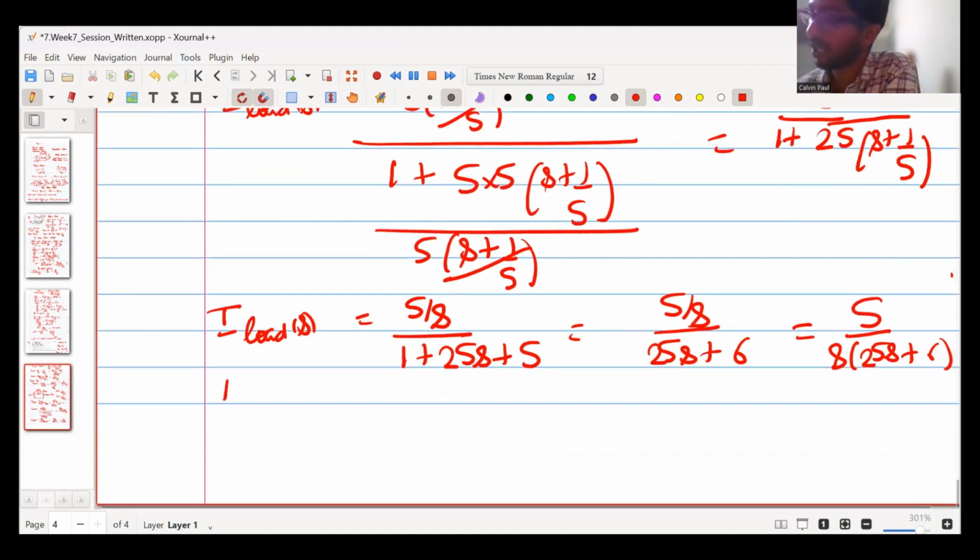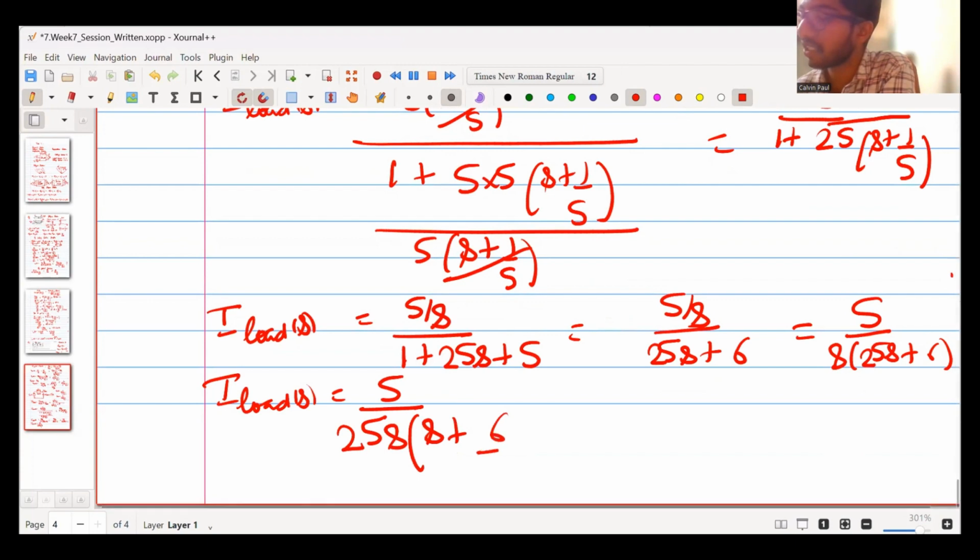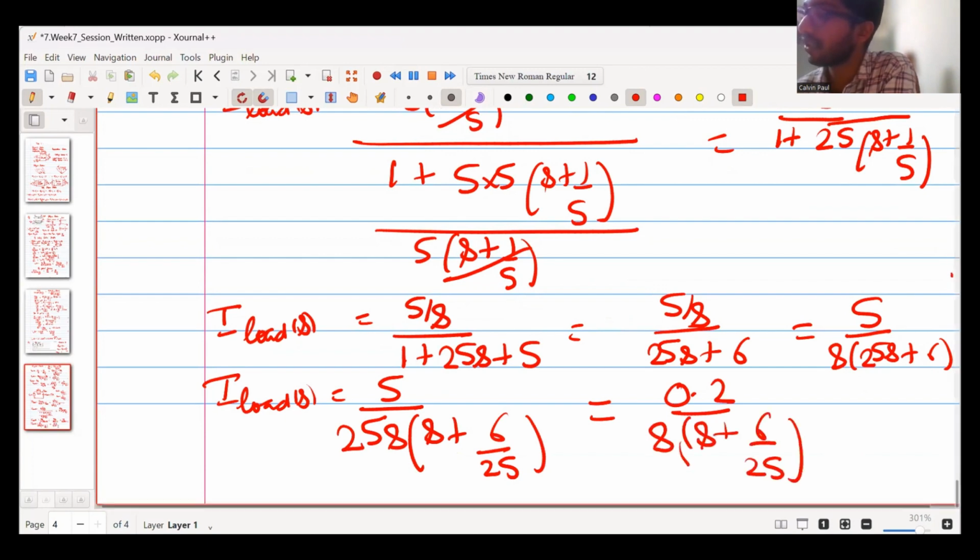So I load of S is equal to 5 divided by 25 S into S plus 6 upon 25. That is 0.2 upon S into S plus 6 upon 25. Is this part clear?